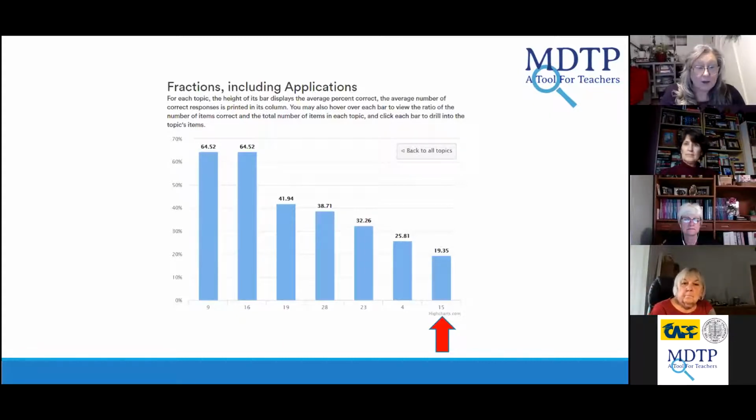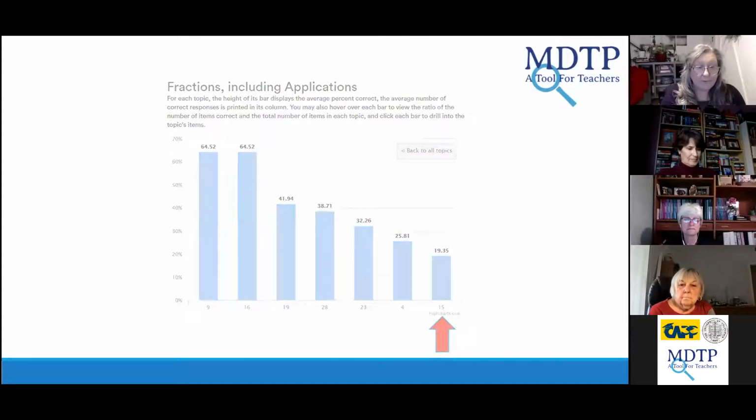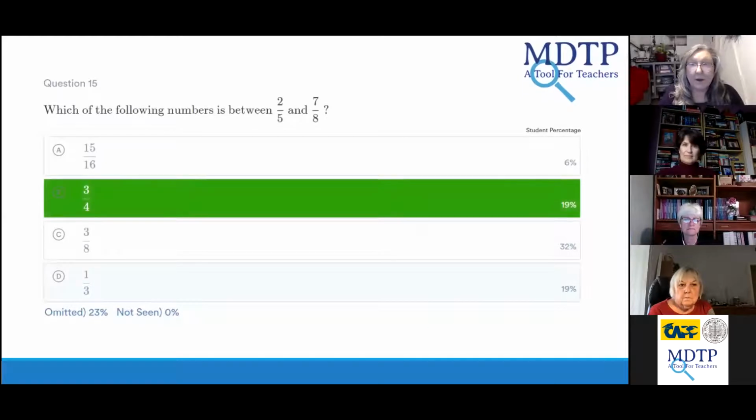So when you're in the system, the MDTP platform, you can click on the bar of 19.35 above the number 15 where that red arrow is, and it will open up the item for you. And this is what you'll see. I want to give you a moment to notice and wonder about the item itself and the data that's presented.